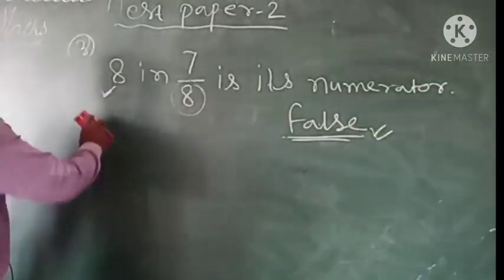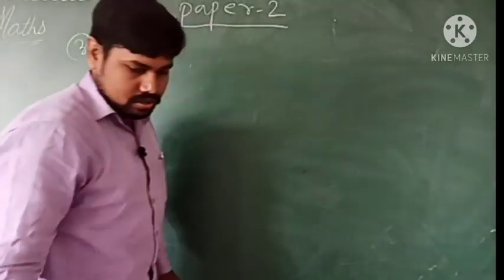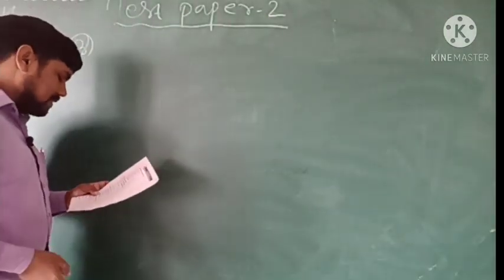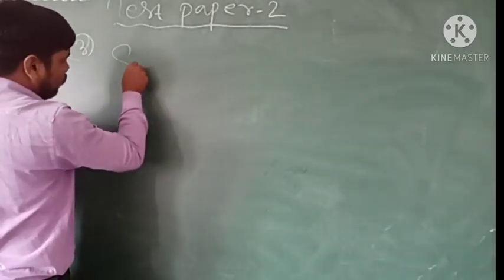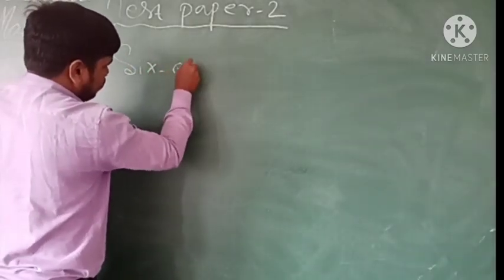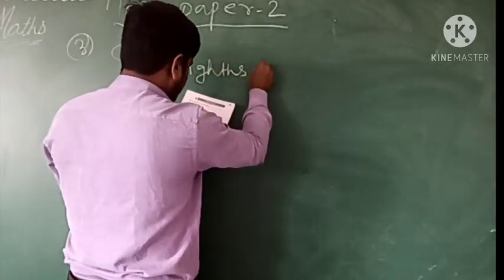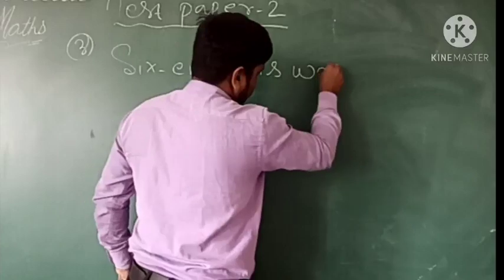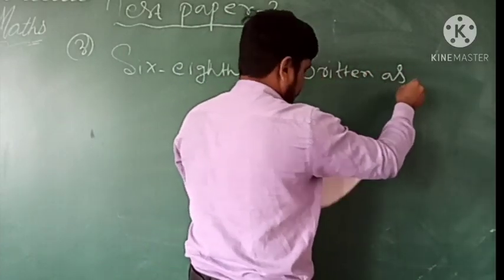Now let's move to the next one which we have in the true and false. 6/8 is written as 6/8.